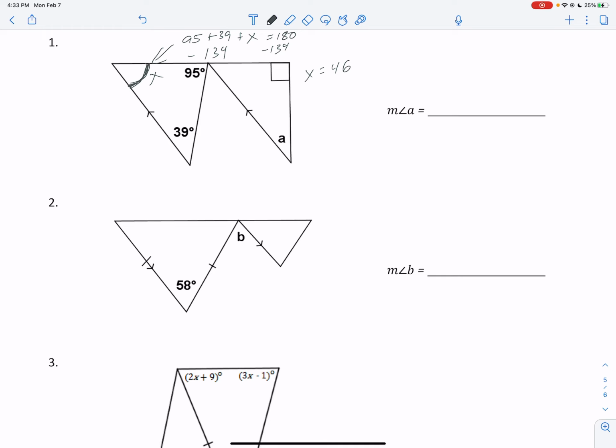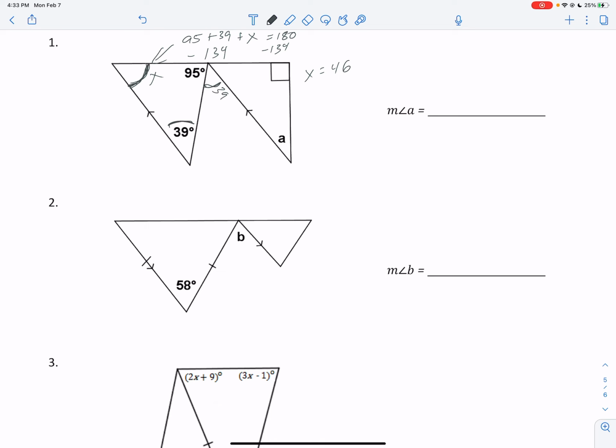And then I can use that with the fact that I have transversals here. Or, you know, maybe you start off a different way too. Maybe you realize that you have alternate interior angles right here, and so that must be 39.